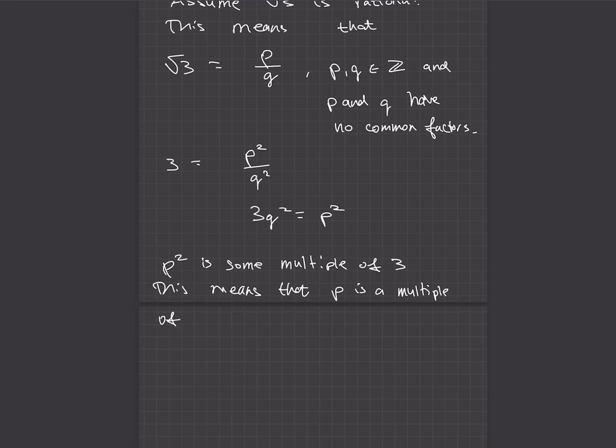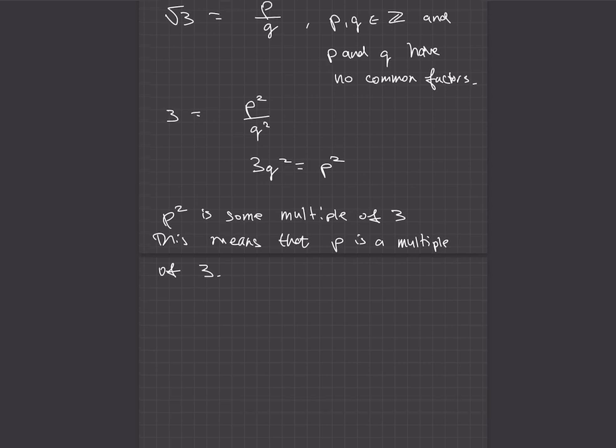So this is something you guys also have to know, that if a number n squared is, let's say odd or even, or n squared is a multiple of 3 in this case, that means that the number n is also a multiple of 3. This we can assume, we don't have to prove this. So if p is a multiple of 3, that means p is equal to 3n, where n is some integer.